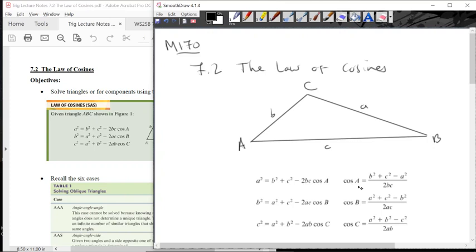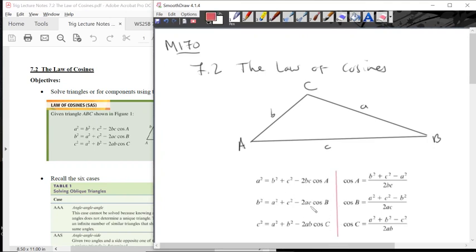That would be a quadrant 2 solution, between 90 and 180 degrees. Both are, generally speaking, possible solutions to triangles, because it is possible to construct a triangle with acute angles, and it's possible to have a triangle that has one obtuse angle as well.